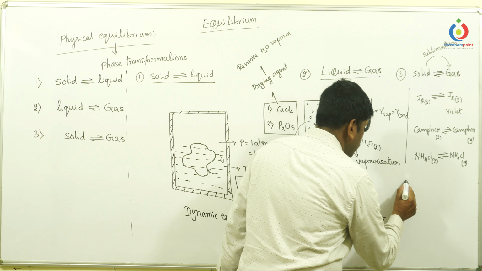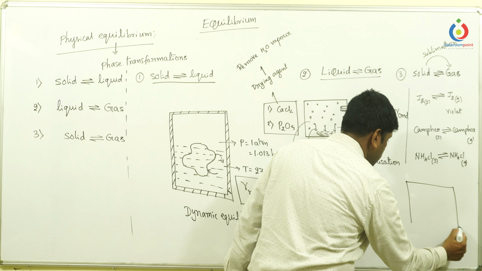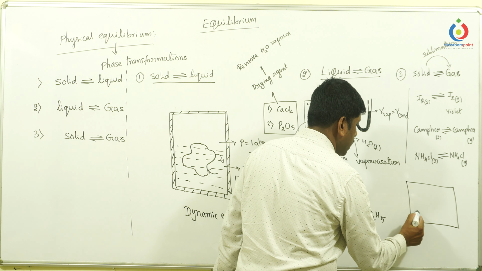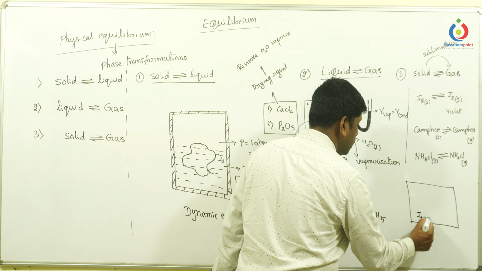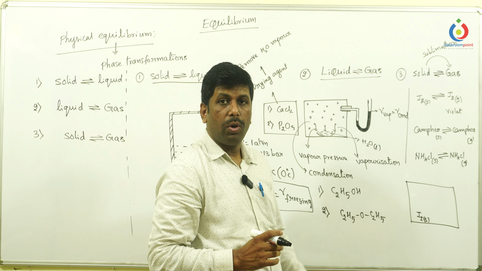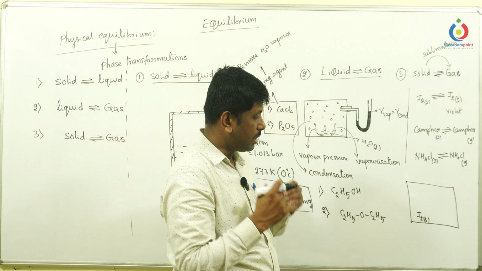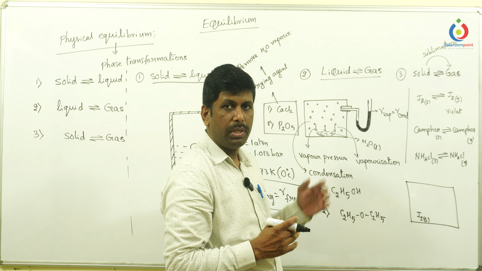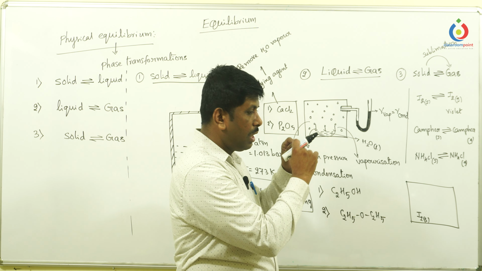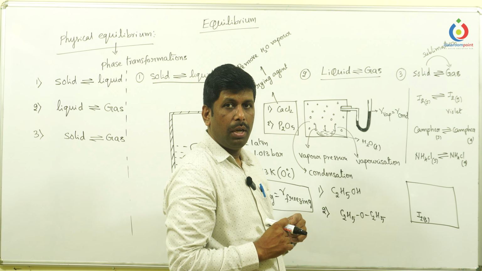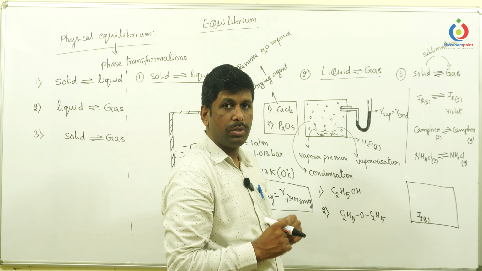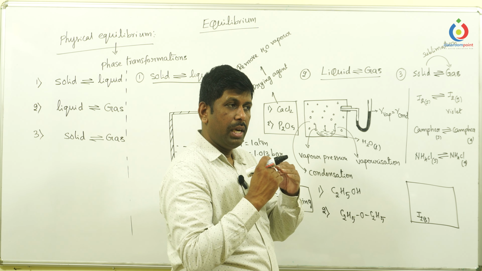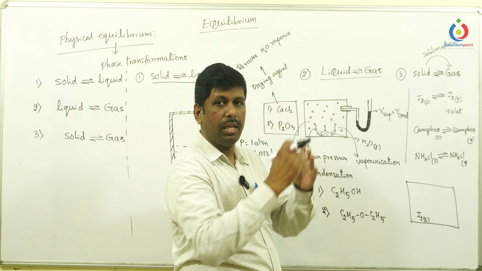Very simple: you take a transparent beaker and keep the iodine in solid state, which has no characteristic color, but after a certain time vaporization occurs, that means sublimation occurs. Slowly iodine vapor molecules are observed because they have the violet color, so we can see that the intensity of the color gradually increases.